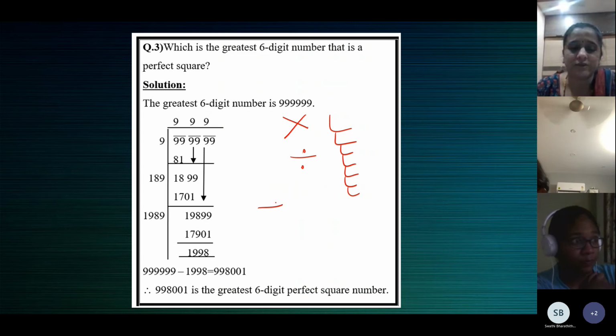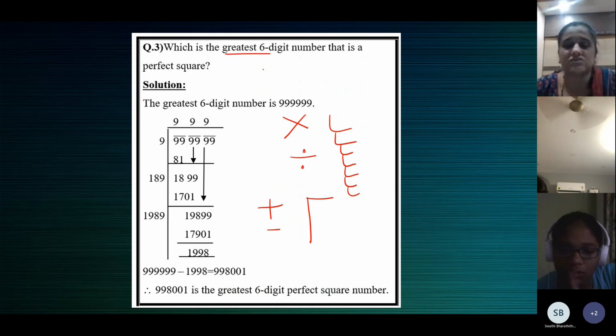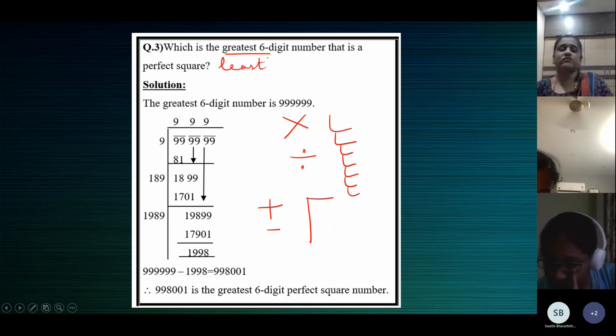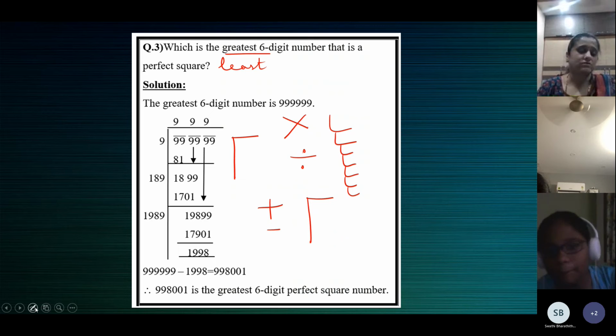What is the least number to be added, subtracted? Long division method. Which is the greatest 6-digit number that's a perfect square? Which is the least 6-digit number that's a perfect square? For such questions, long division method.